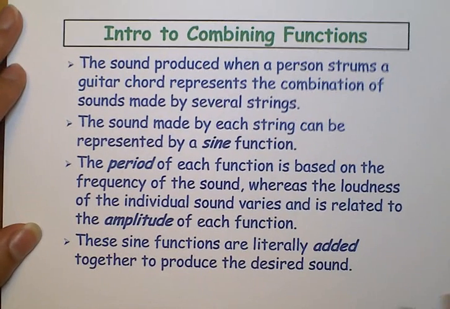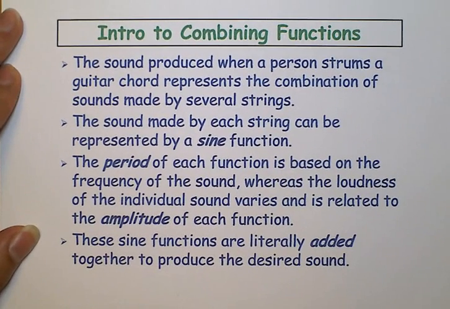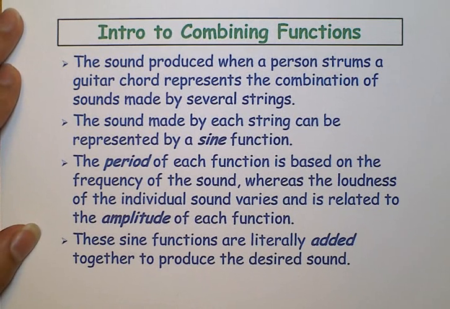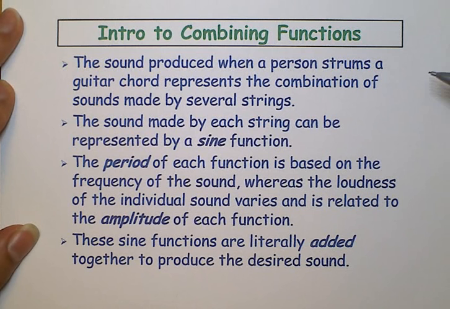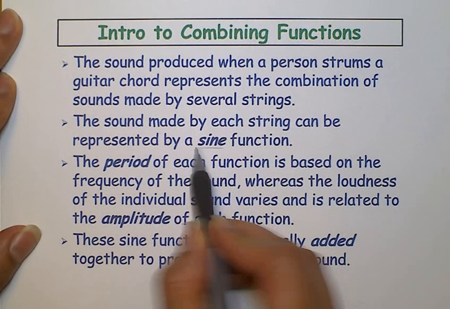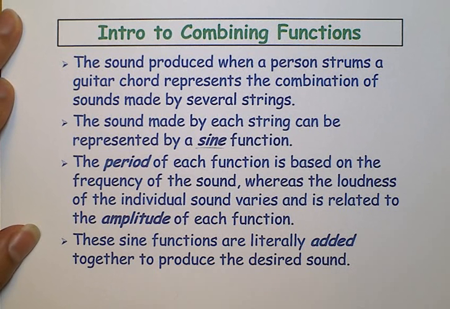So let's take a look at a little introduction to combining functions and see where it can be applied in real life. The sound produced when a person strums a guitar chord represents the combination of sounds made by several strings. The sound made by each string can be represented by a sine function. Okay, so that's one of the trig functions that you know. The period of each function is based on the frequency of the sound.